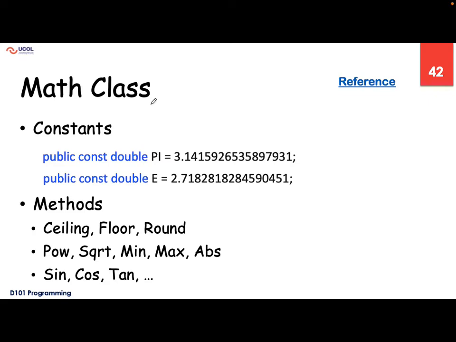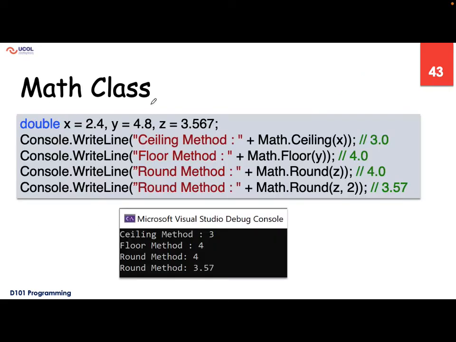If we want to compute something like that, we have the pow method. SQRT is the square root. We have min, max and absolute, and sine, cos and tan. Remember right angle triangles in geometry: we have the sine, cosine and tangent of those angles. Yes, we can do that.